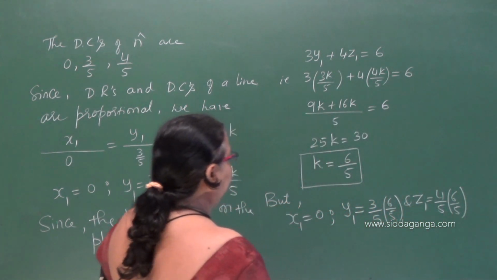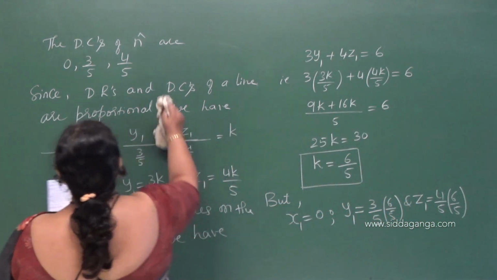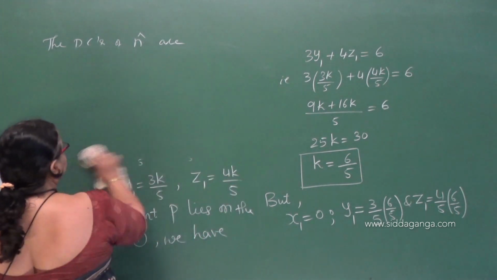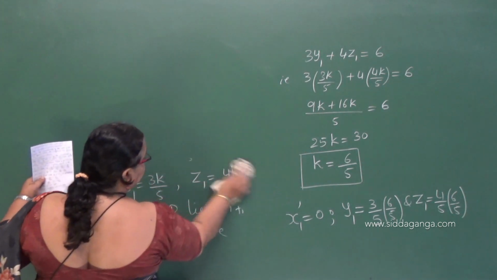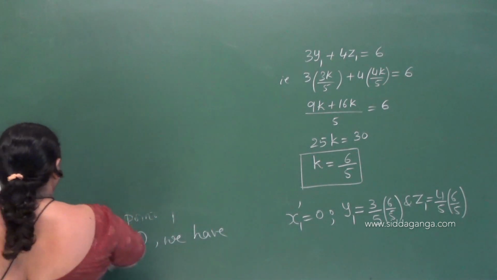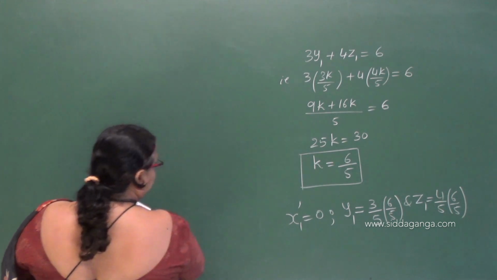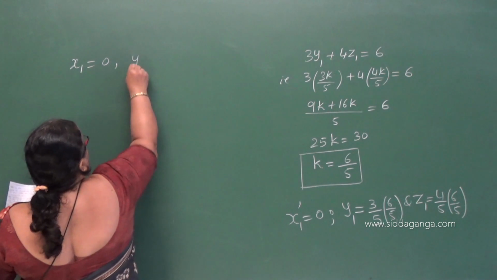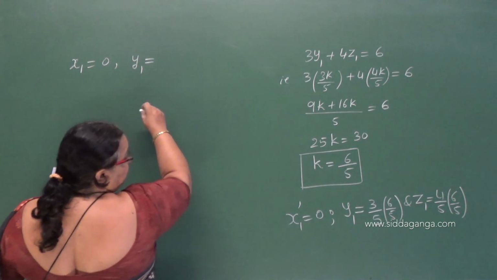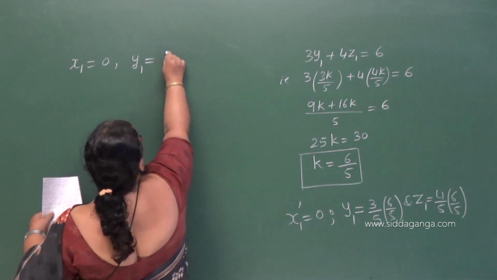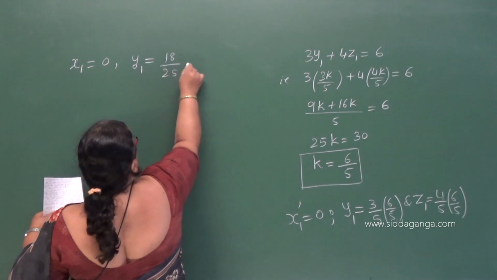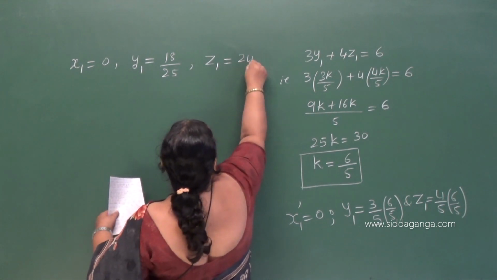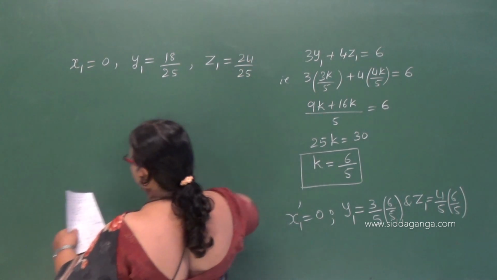So now x1 equal to 0. So therefore we have x1 equal to 0 comma y1 equal to 6 3s are 18 by 25 and z1 equal to 6 4s are 24 by 25.